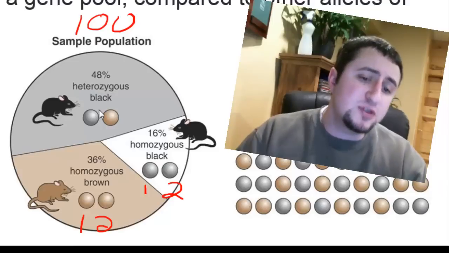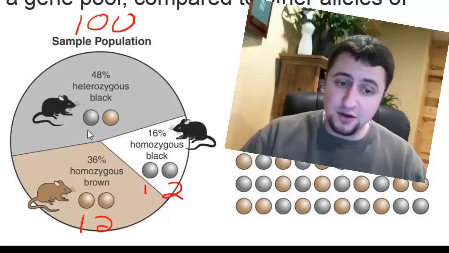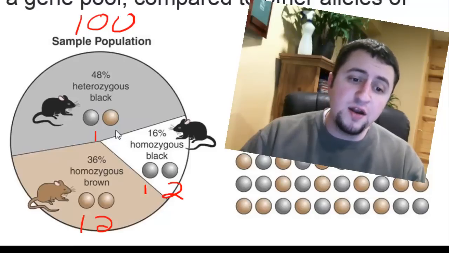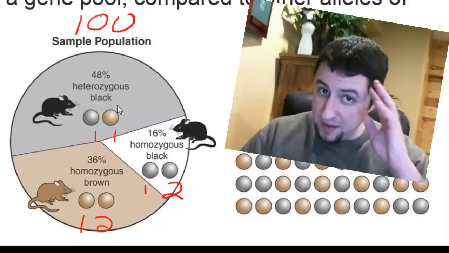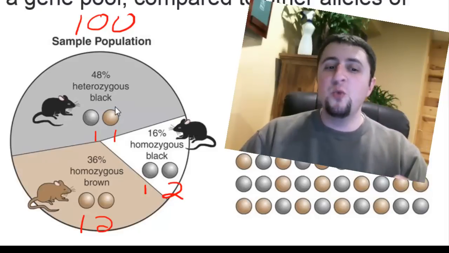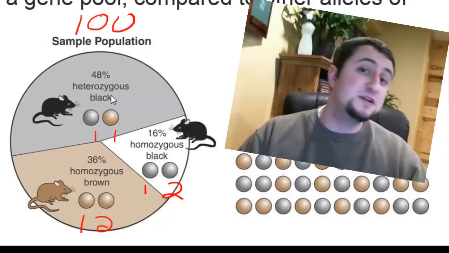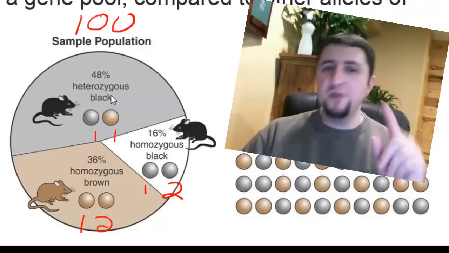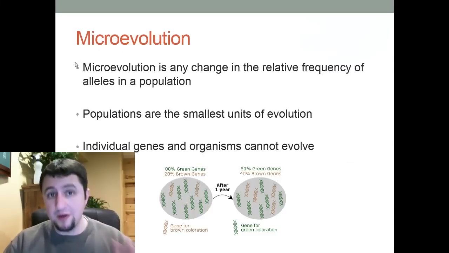But then 48% of them are heterozygotes for black color, which means they have 1 of each of those alleles. Remember back from basic genetics, which one of those alleles is dominant? Is it black or is it brown? Hopefully you said black.